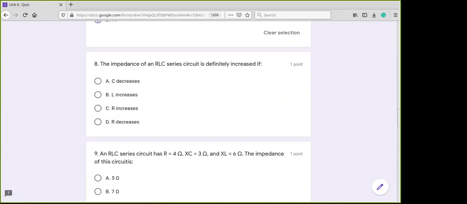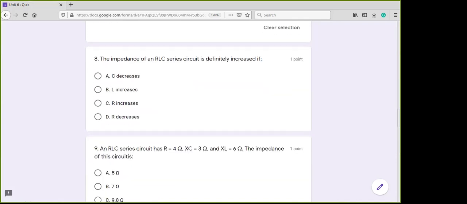So let's see question number 8. The impedance of an RLC series circuit is definitely increased if A, the capacitance decrease, B, the inductance increase, C, the resistance increase, D, the resistance decrease. Which one is the correct answer? C, resistance increase.